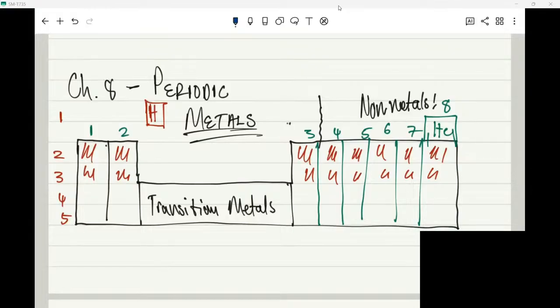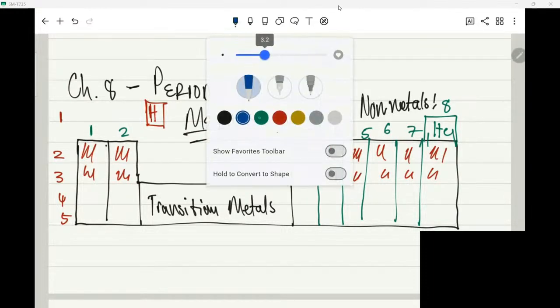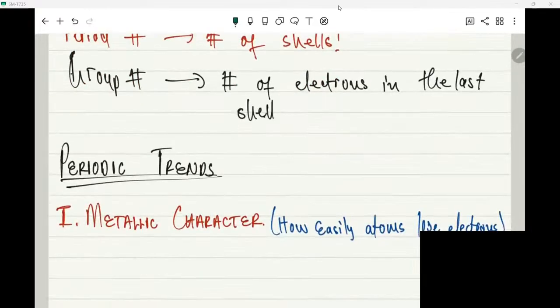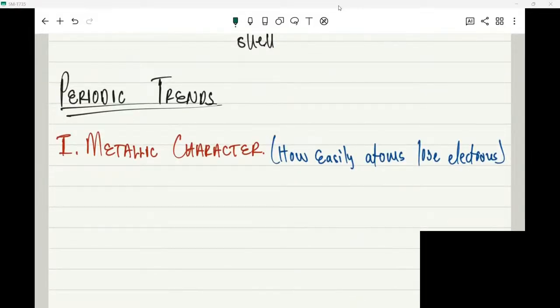But if you look at something in group 1, we say it has a high metallic character. So what is metallic character? How much does this atom like to lose? Because metals lose. So metallic character is how easily the atom loses electrons. That's metallic character.